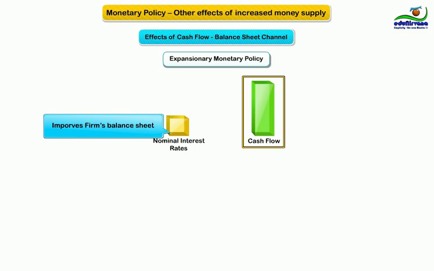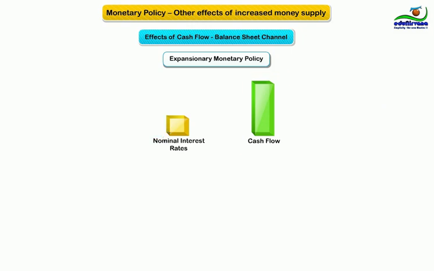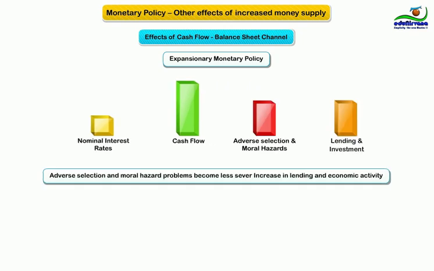The rise in cash flow causes an improvement in the balance sheet because it increases the liquidity of the firm or household and thus makes it easier for lenders to know whether the firm or household will be able to pay its bills. The result is that adverse selection and moral hazard problems become less severe, leading to an increase in lending and economic activity.